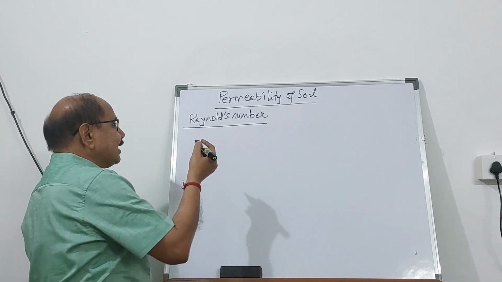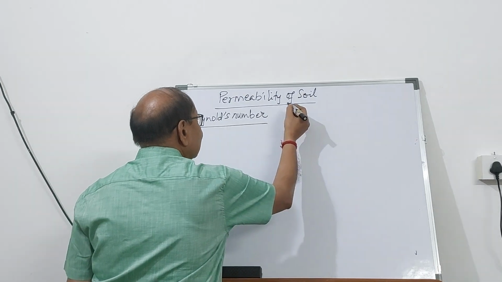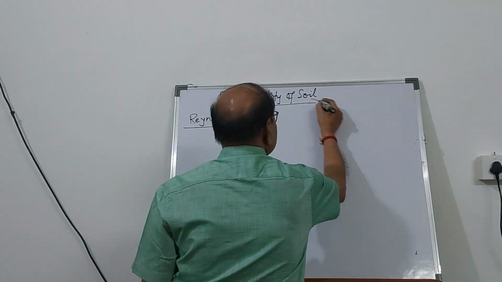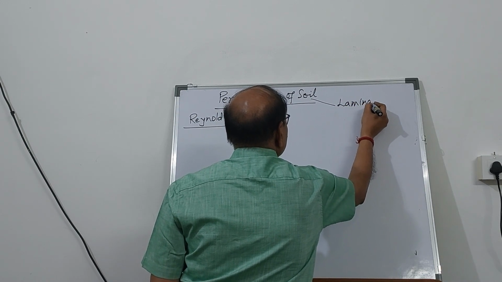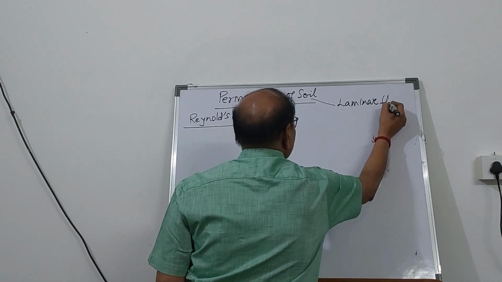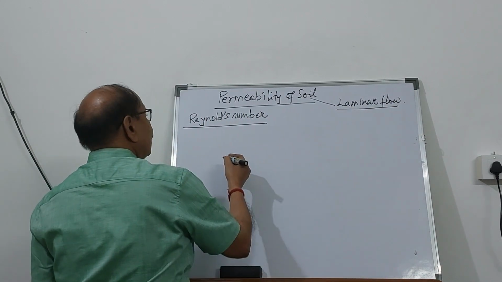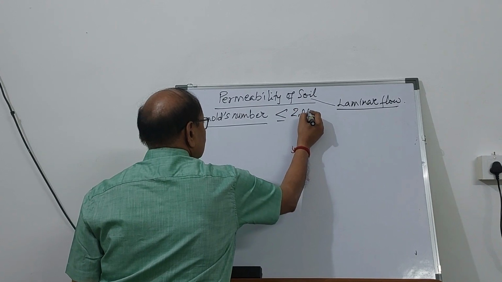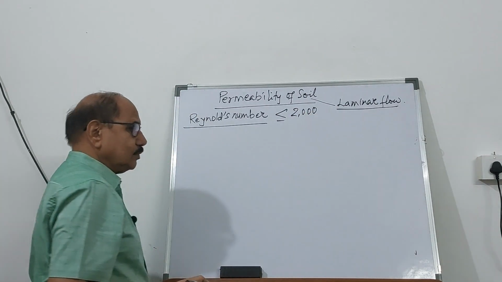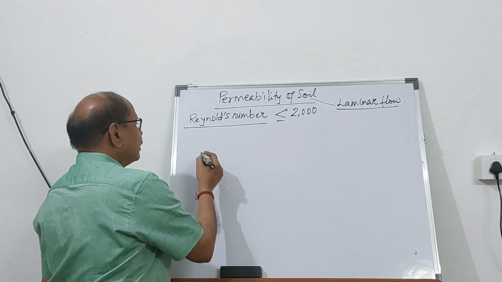If it is less than critical velocity, then Reynolds number for laminar flow, for laminar flow condition in the soil mass, the Reynolds number must be less than or equal to 2000. And you know what is the Reynolds number.